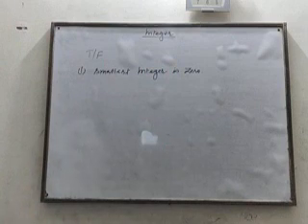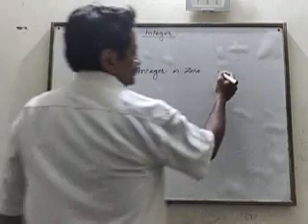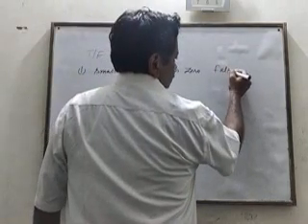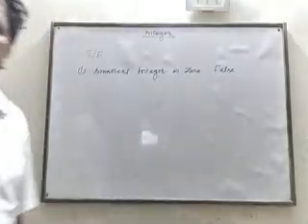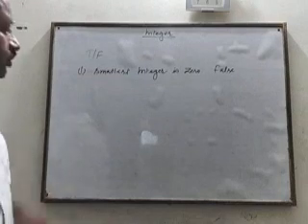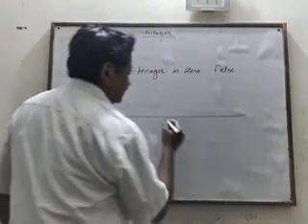This statement is true or false? False. Why? Because the smallest integer is not 0.